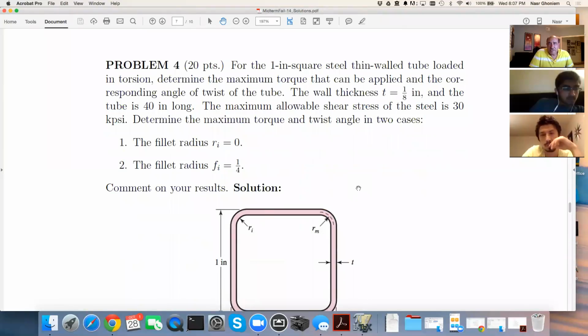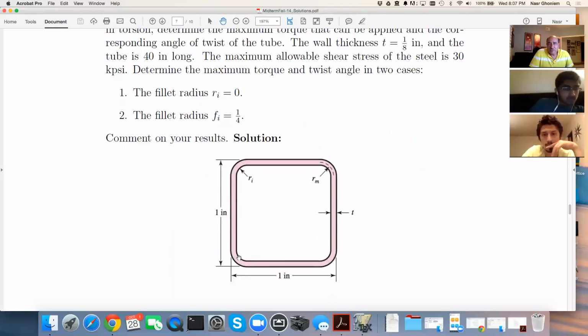Another problem here is a torsion problem, and the torsion problem has a thin wall, and the thin wall has a fillet, and the fillet radius Ri. And we wanted to compare the shear stress when Ri is equal to 0 or Ri is equal to 1/4.